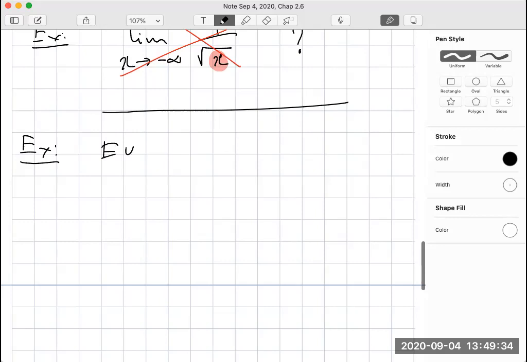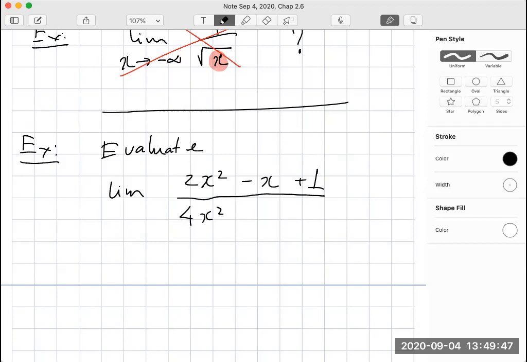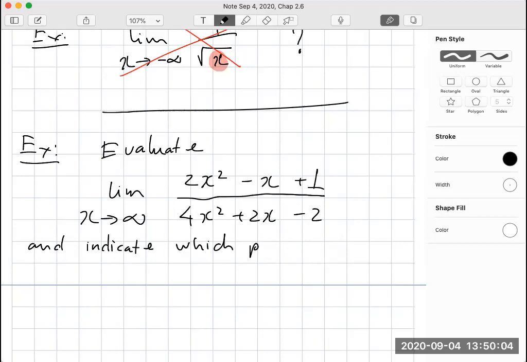Evaluate the limit of 2x squared minus x plus 1 divided by 4x squared plus 2x minus 2 when x approaches infinity, and indicate which properties of the limits are used at each stage.